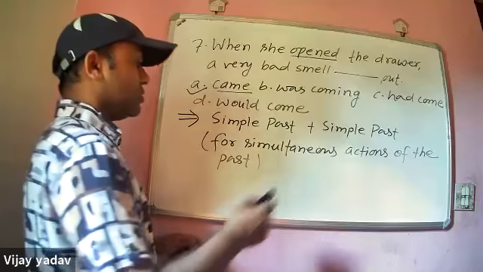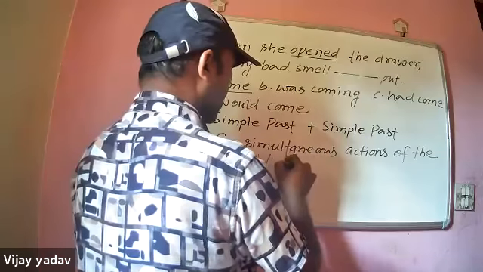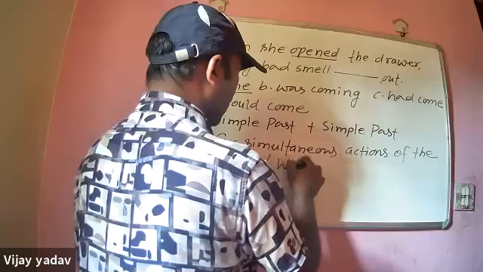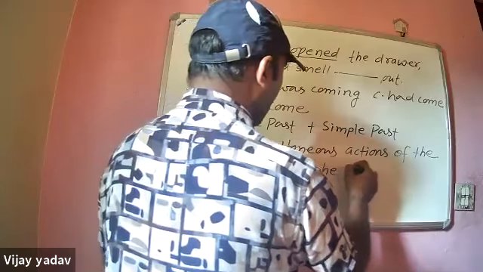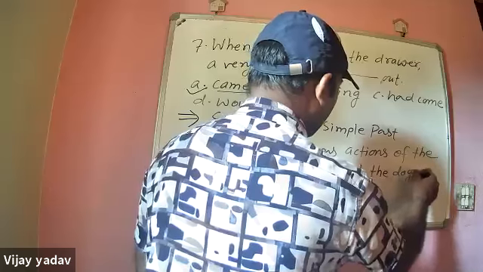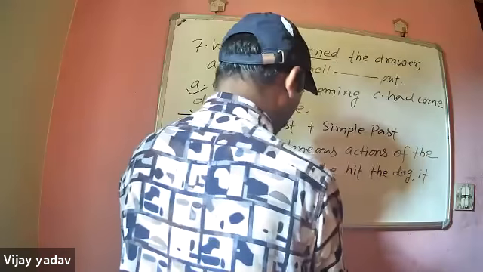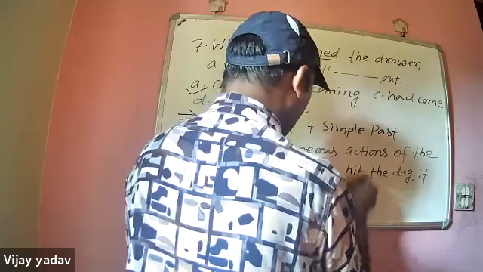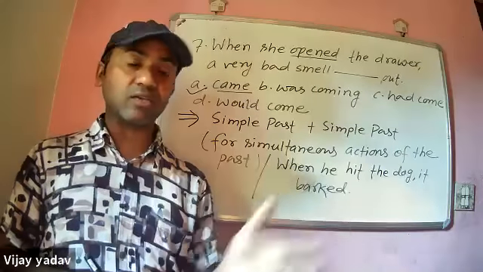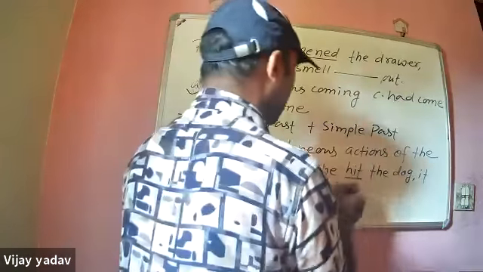Isn't it? You might have read in this very sentence, when he hit the dog, it barked. You might have read this sentence in your +2. When he hit the dog, it barked. Both simple past. Isn't it?